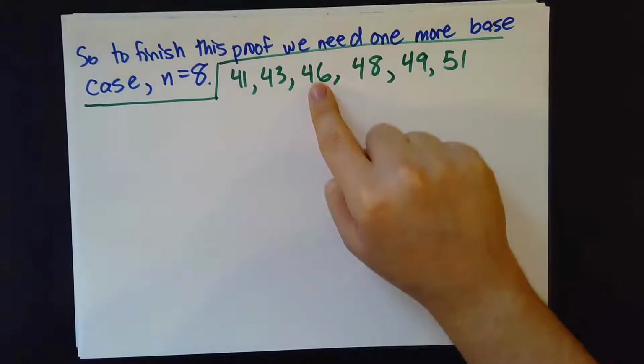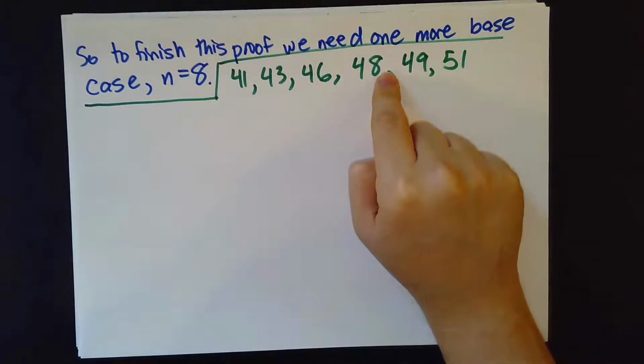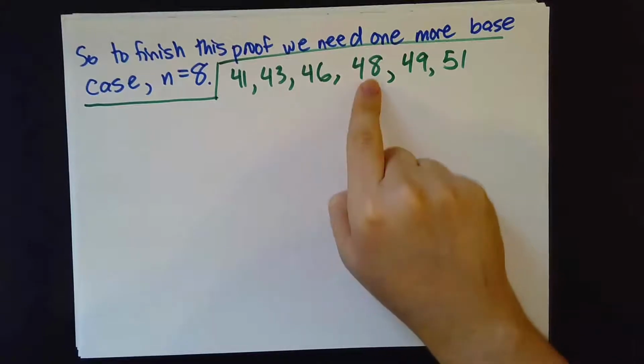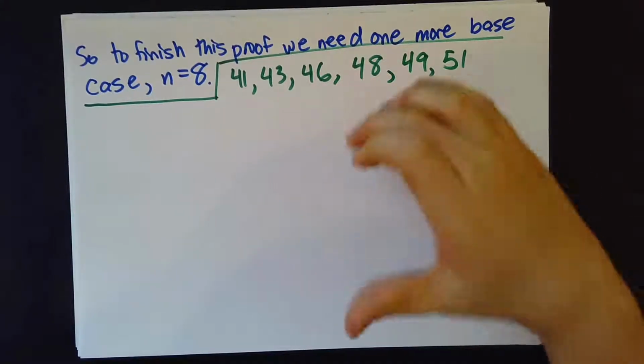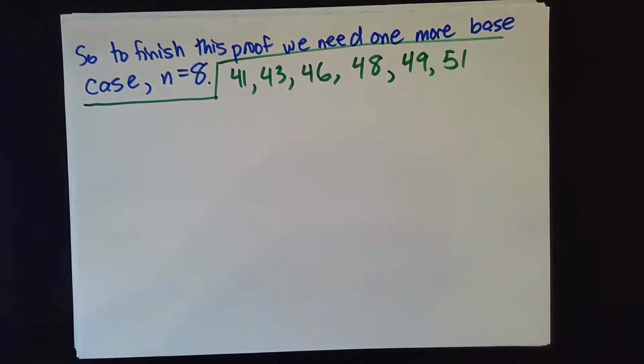So the old 46 is now the new 48 with the numbering just because I put the groupings together. But let's start at 41. Oh, was it 41A or B? B, 41B, okay.